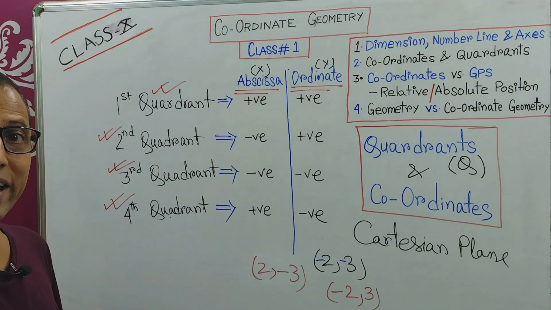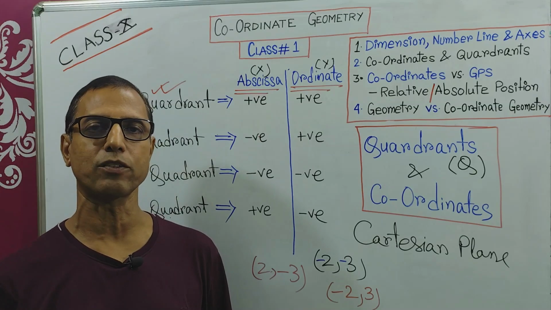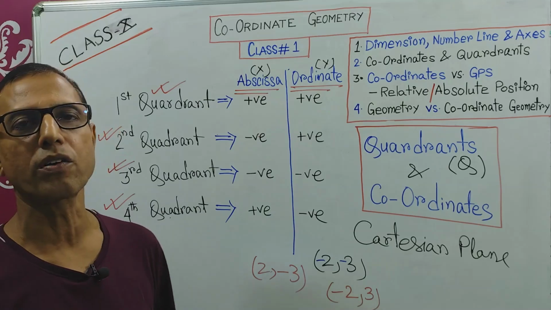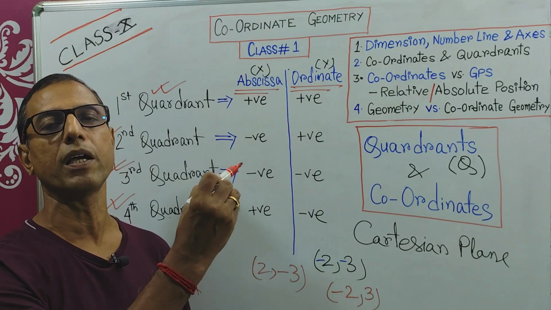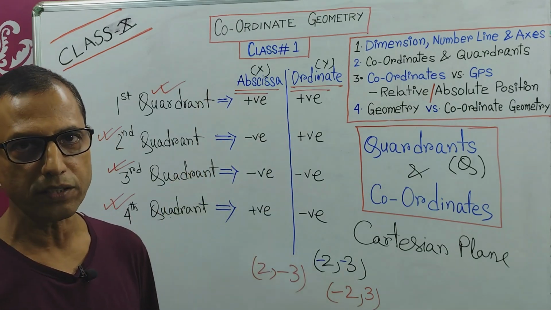So just by looking at the coordinates of a point, if you are asked to find out in which quadrant it is, you can easily find out. That is the relation between the quadrants and coordinates, and how the coordinates change if the point changes its position across quadrants.